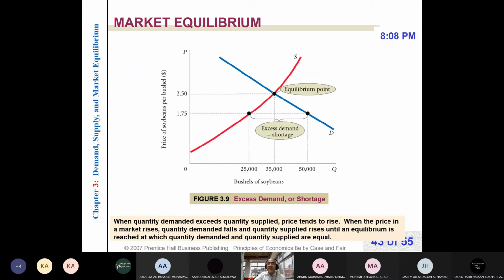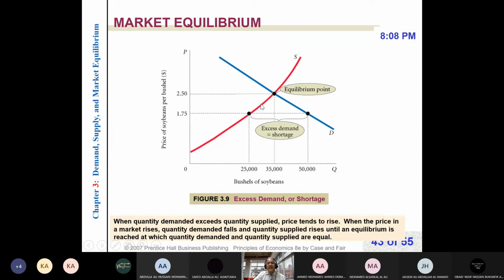So at 2 dirhams, there is still a shortage, the difference between quantity demanded and quantity supplied, but the shortage is less than before. Because there is still a shortage, the competition between customers will continue, and the producers will find a good chance to increase the price.